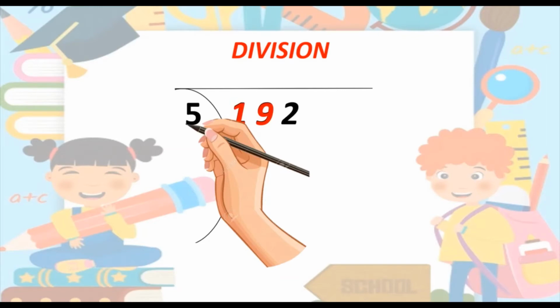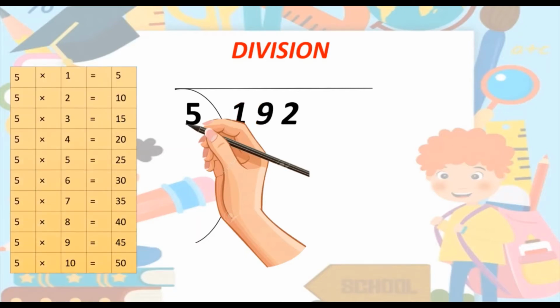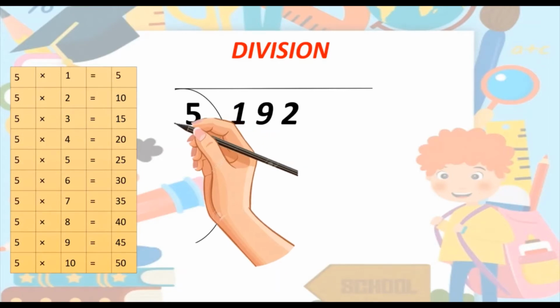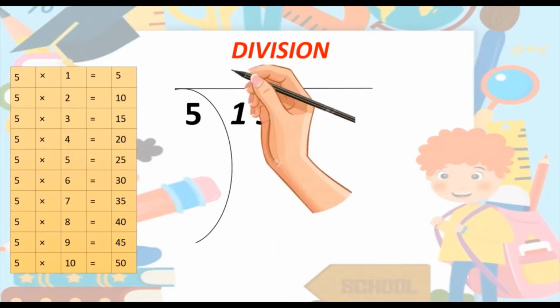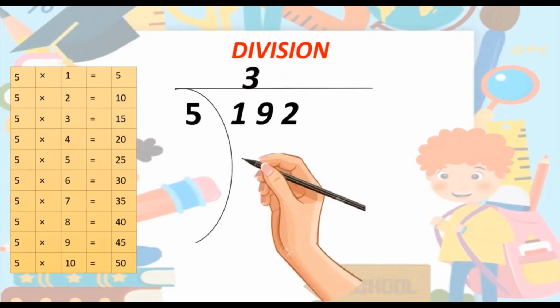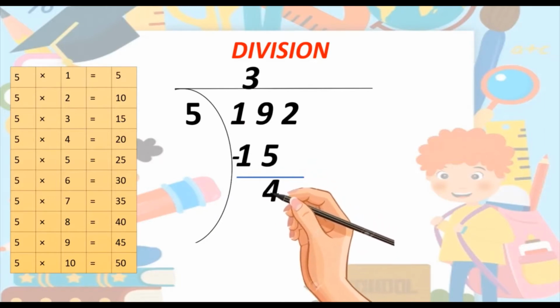So we take two digits together. Let us recall the table of 5. We find a number which is nearest to and less than 19, and that is 5 3s is 15. So we write 15, we get remainder as 4.